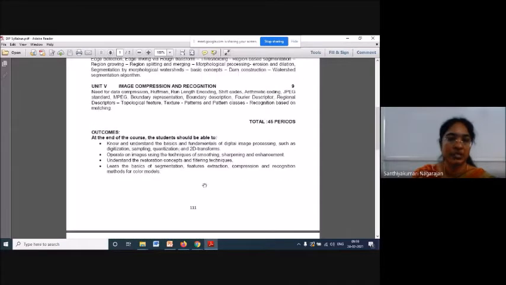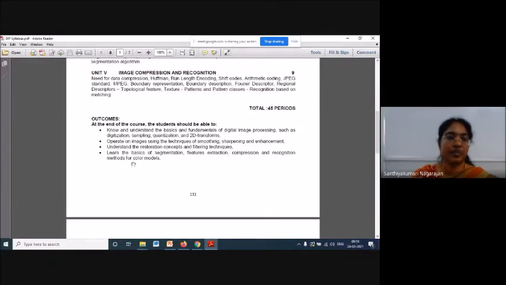Surely, I believe that you're going to know about some deeper course outcomes at the end of the course. At the end of your 5th unit, before you face the end semester examination, you'll be able to understand the basics and fundamentals of digital image processing.